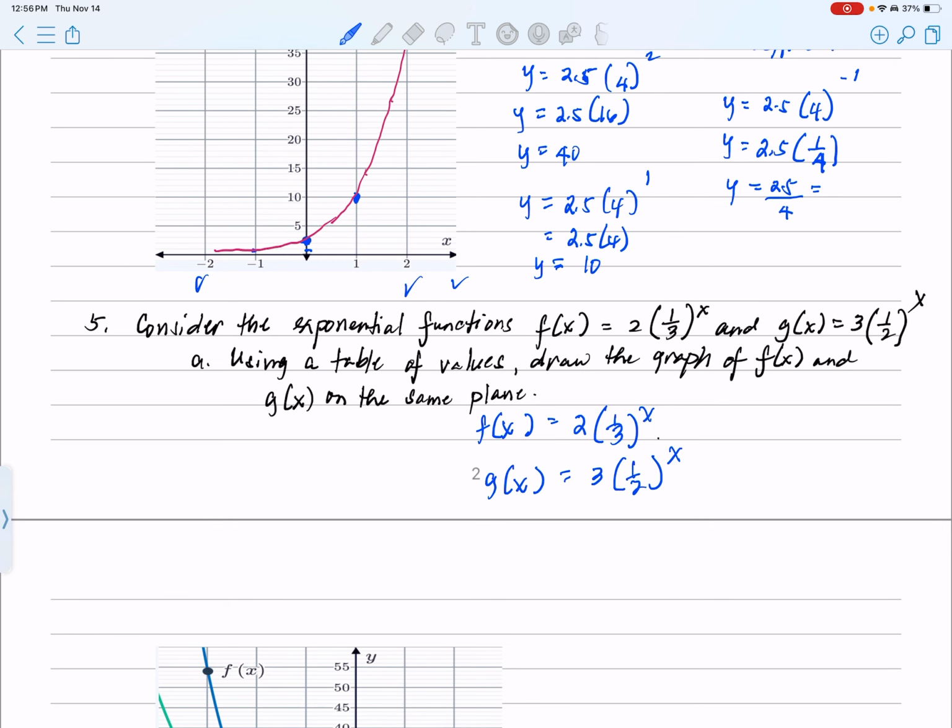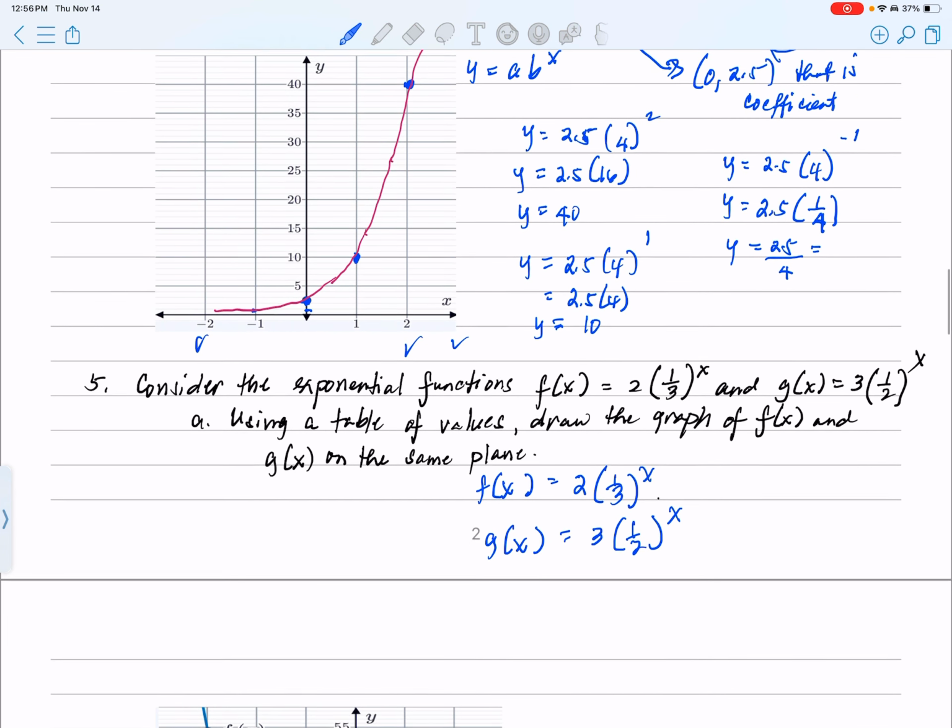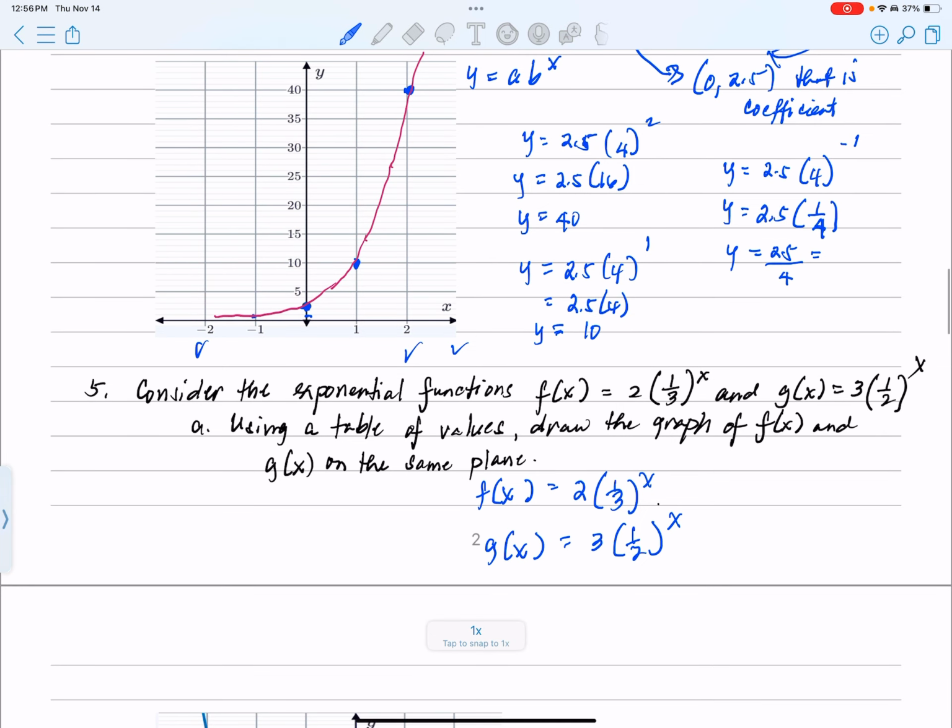All right, let's have the table of values before going to that. The best way to do it is to start with the x values for f of x: negative 3, then negative 2, negative 1, 0, 1, 2.